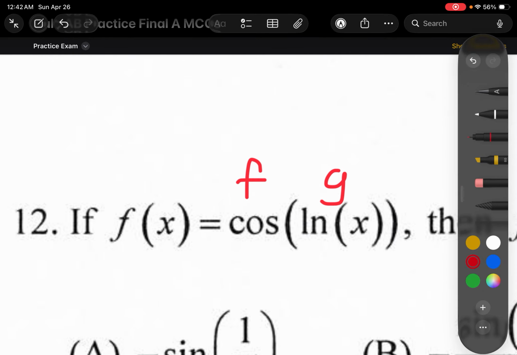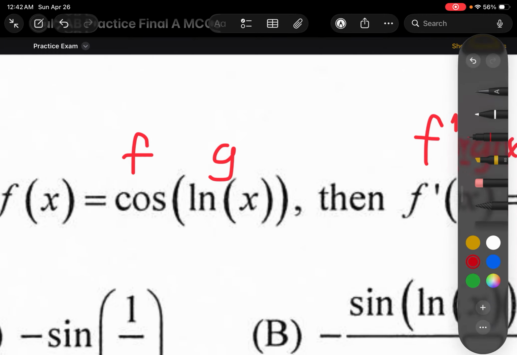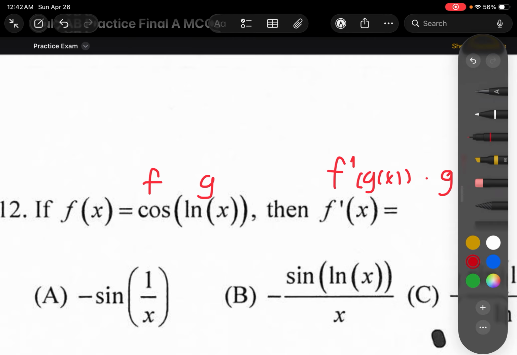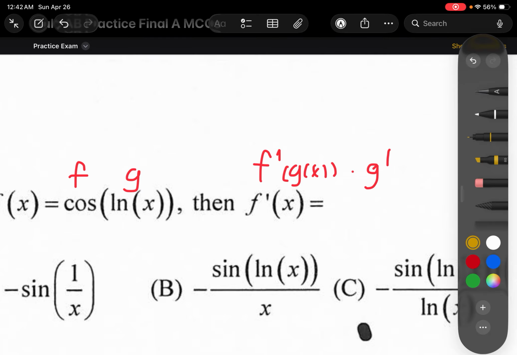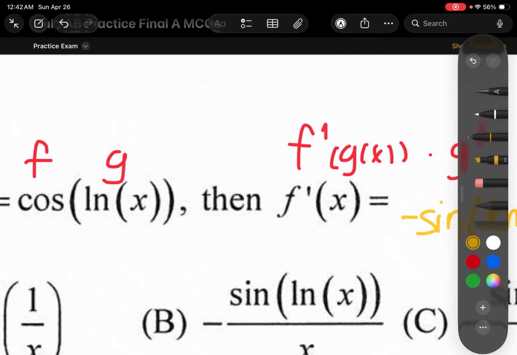So we're going to find the derivative of f. f is cosine. The derivative of f is negative sine. So that's going to be negative sine. Leave g alone, or basically leave the inside alone. And then multiply it by the derivative of g, the inside.